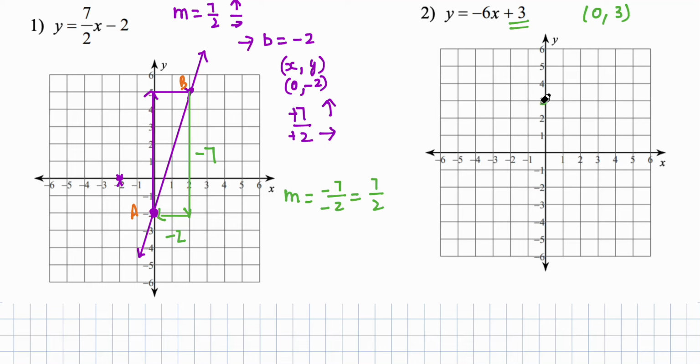Here we are. Now negative 6 is the slope. You will say there is no run here, how will we do it? It's okay, negative 6 can be written as negative 6 over 1. So I have to come down 6 points and then go right 1 point.